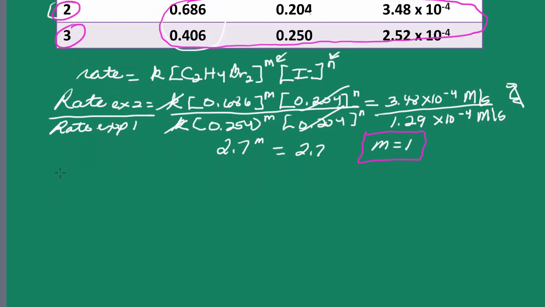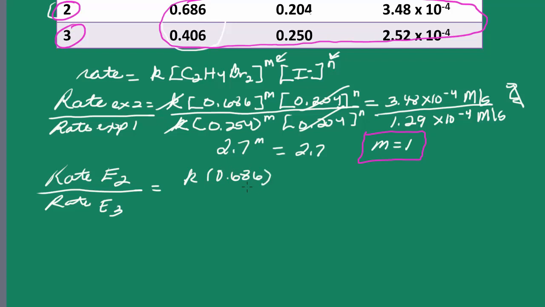Okay, so we're going to look at rate of experiment 2 over rate of experiment 3. I'll go ahead and write those out. So we have k times 0.686. We already determined the exponent m, so that's just to the first power.